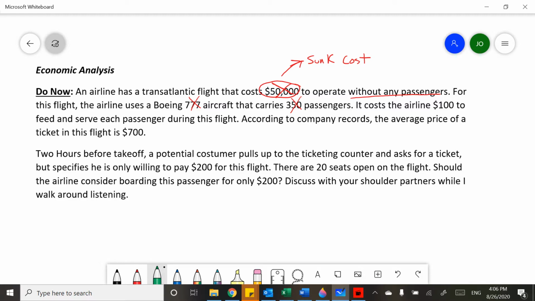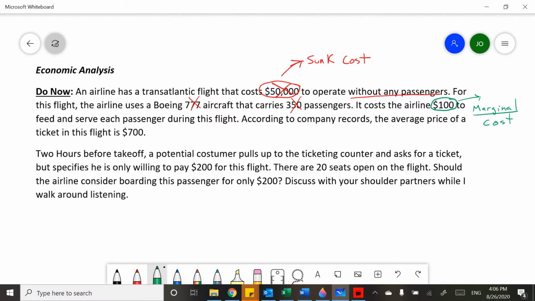The first one is $100. It says it costs the airline to feed and serve each passenger during this flight. That is going to be essential information, as this is something that we call a marginal cost.